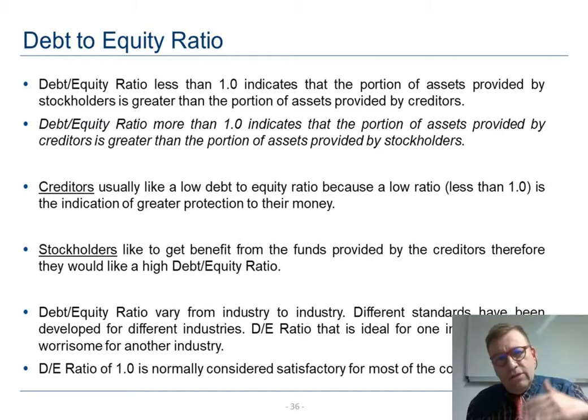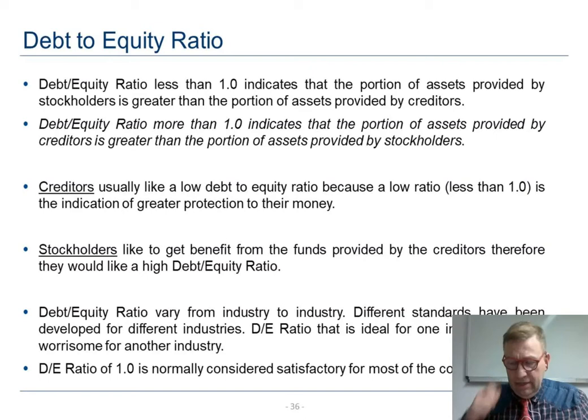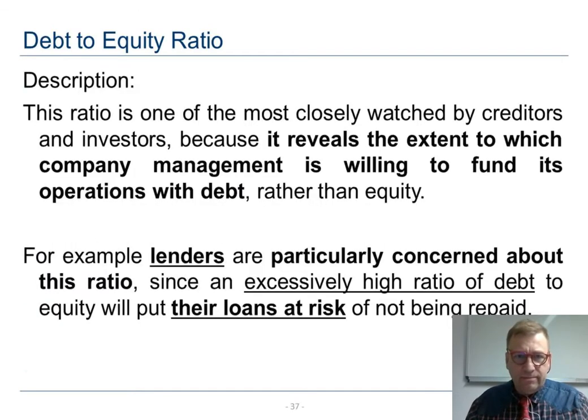And what is good for one business, one industry activity, is not necessarily good for another one. And normally 1 is considered to be satisfactory. Not more than 1 generally, because it means that all debt is covered by equity.